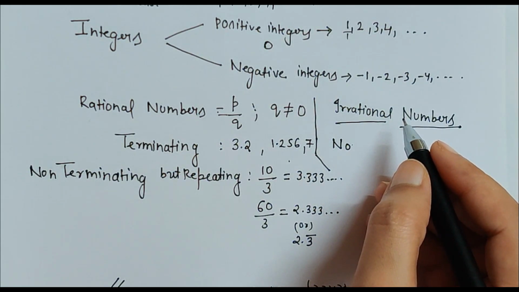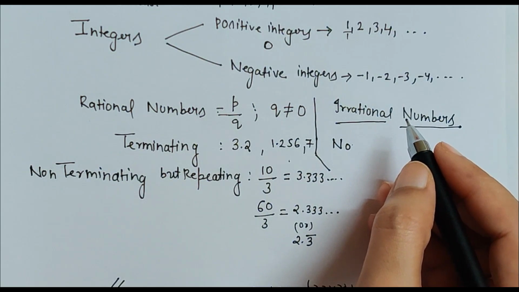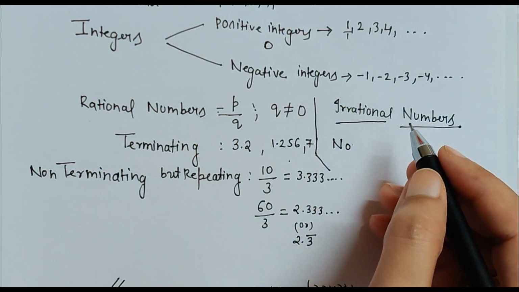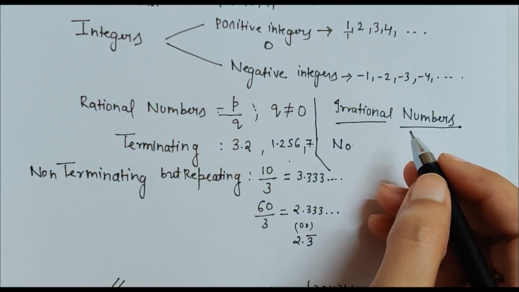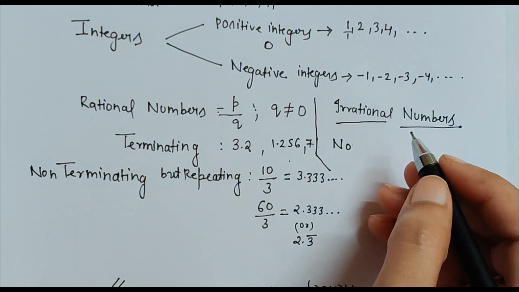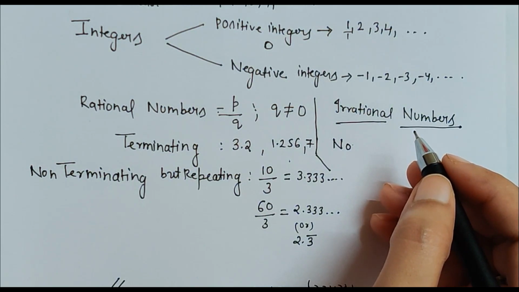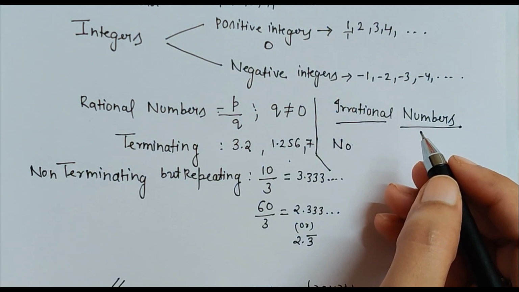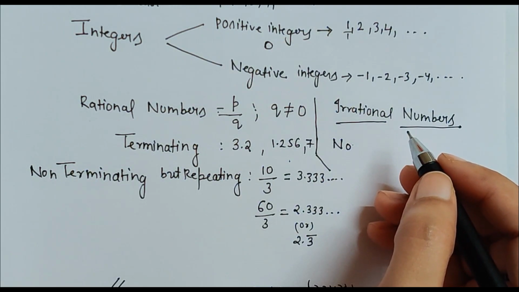There are a few notations for which such decimal expansions are defined, but they are not in p by q form. So I would better say such notations like pi, like e, like log of any number may give us such a thing.